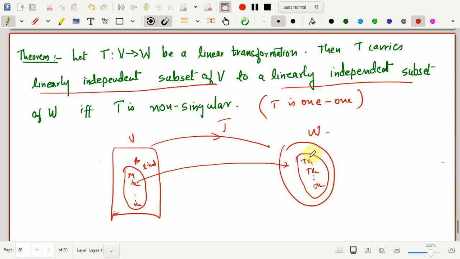This image set is also going to be linearly independent, provided T is non-singular. That's the statement.